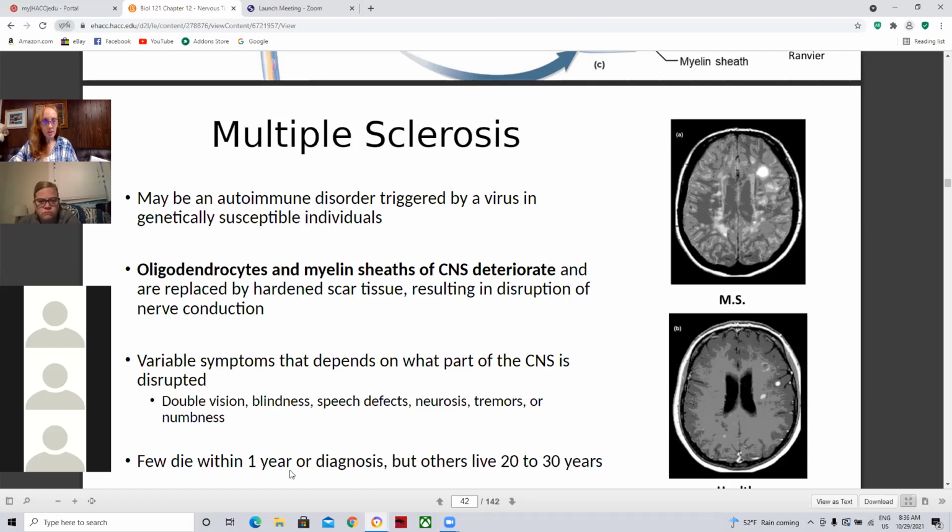Type 1 diabetes is probably the most common and most well known, where it's an autoimmune attack against the insulin secreting cells. But multiple sclerosis is an autoimmune disorder where the oligodendrocytes and the myelin of the central nervous system are under attack.